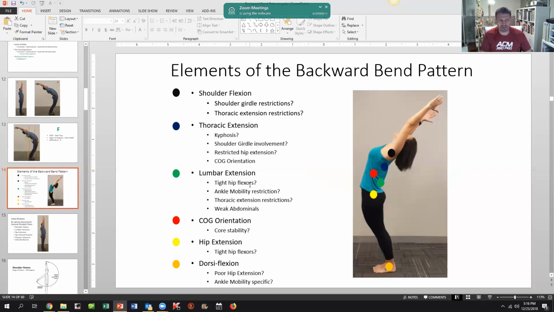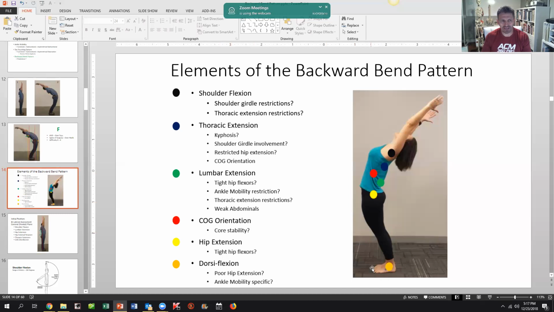So if you're seeing lumbar extension or excessive lordosis, you're going to get extension in the lumbar spine. But like we talked about in the toe touching pattern, if there's not a symmetrical pattern of spinal extension, you want to start thinking about why that lumbar spine is going into excessive extension. We mentioned the center of gravity orientation.